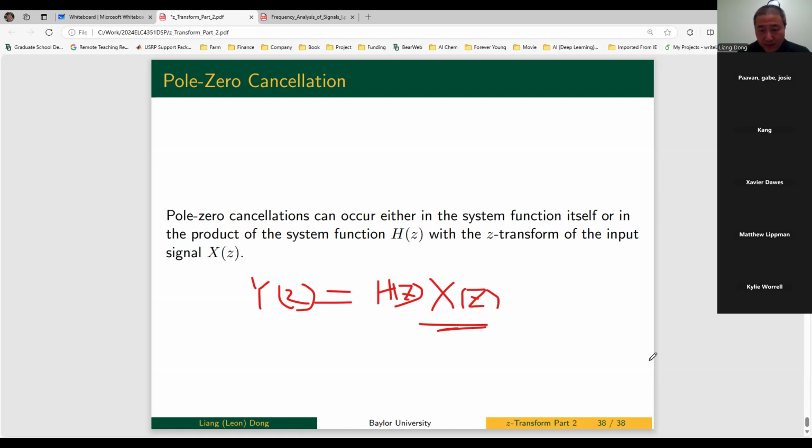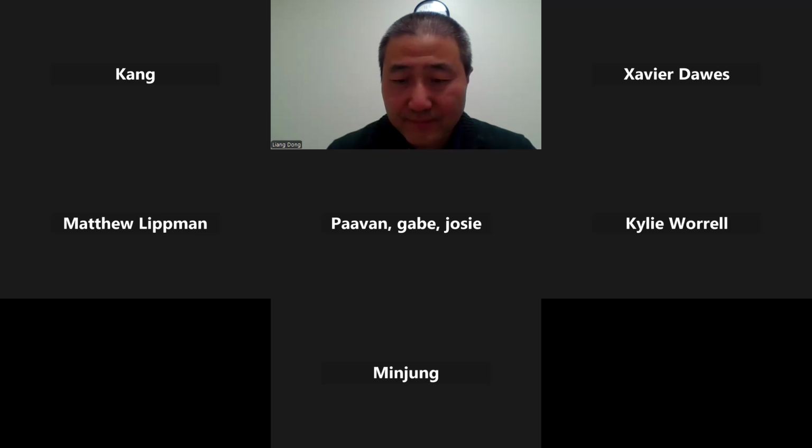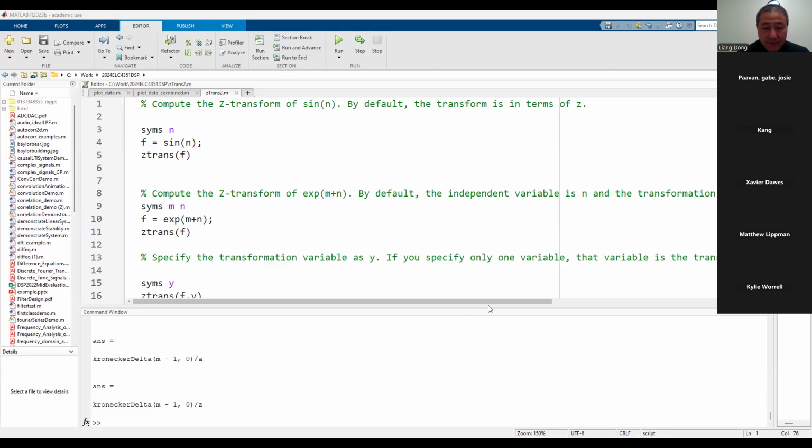All right. So with that, let me get into some of the MATLAB part. Here is MATLAB symbolic format.